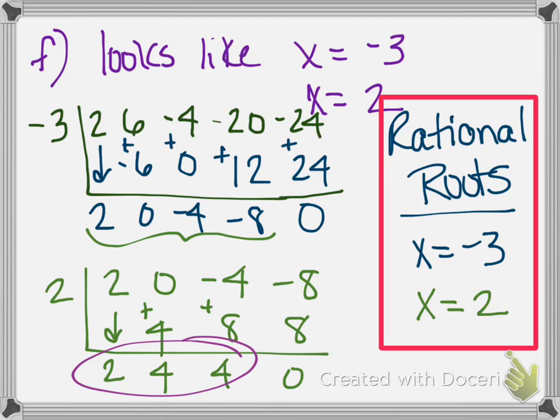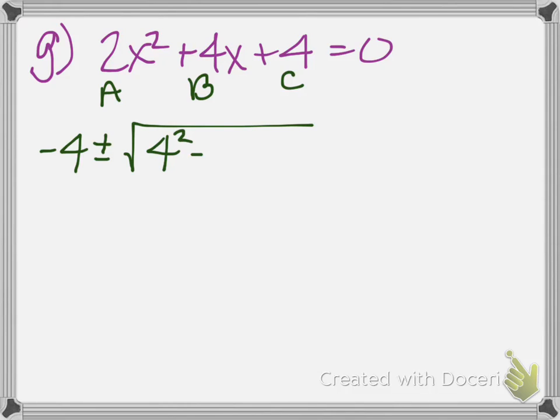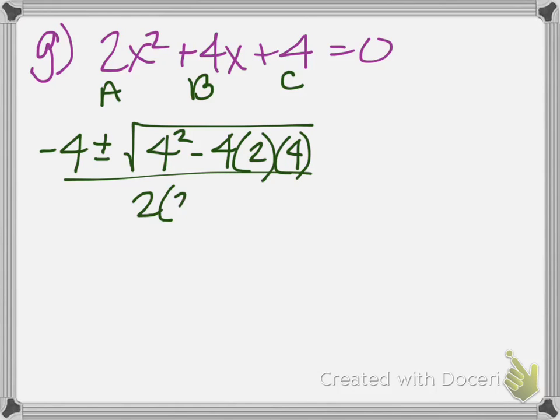So that's part G. So part G, we're taking that equation, 2x squared plus 4x plus 4, and we're going to use the quadratic formula. So here's A, B, C. So I have the opposite of B plus or minus the square root of B squared minus 4 times A times C, divided by 2 times A.